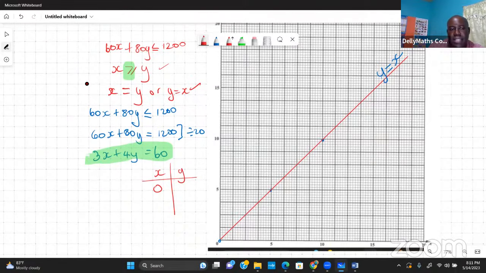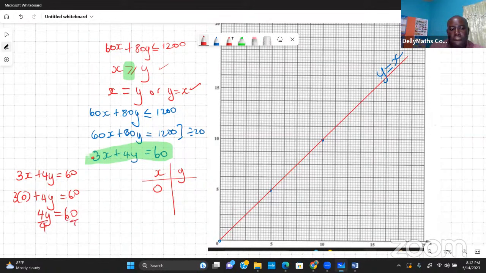If I have 3x plus 4y equals 60, if x is 0, I would have 3 times 0 plus 4 times y equals 60. So 4y is 60, divide by 4, y is 15. So one of the points is 0, 15.